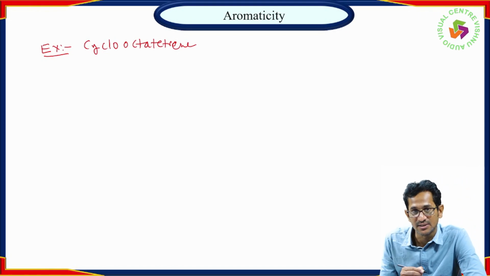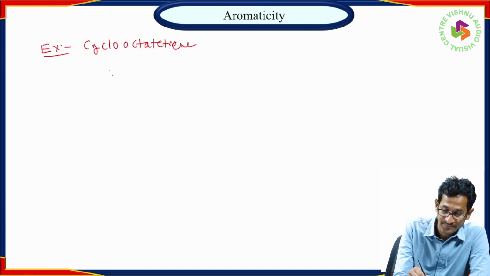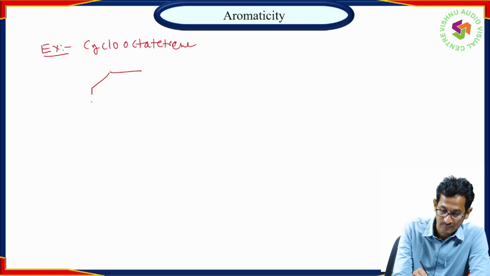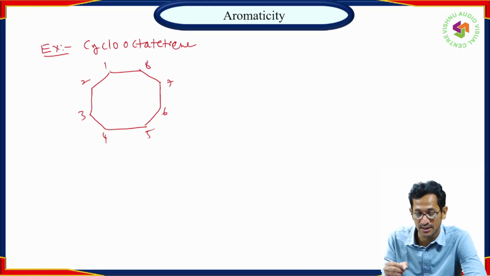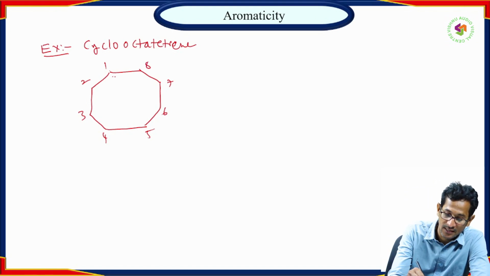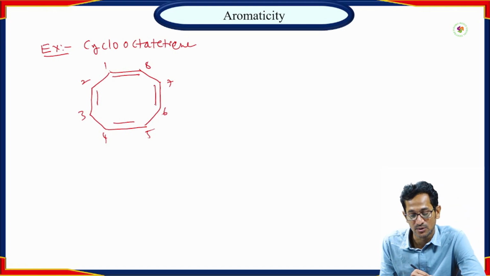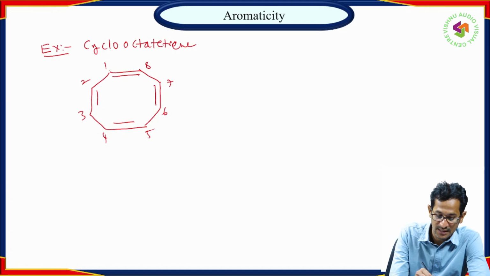Cyclo means cyclic structure, octa means 8 carbons, tetraene means 4 double bonds. 1, 2, 3, 4, 5, 6, 7, 8, 8 carbons in a cyclic structure, with alternate double bonds, 1, 2, 3, 4.